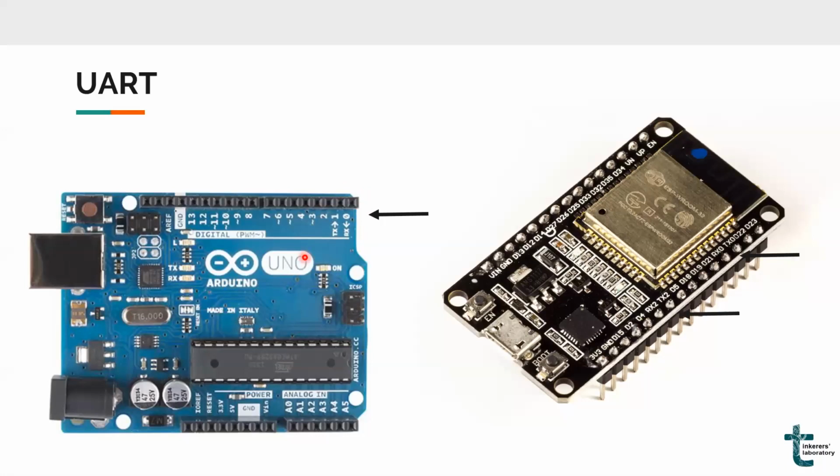I earlier talked that we had three UART channels on the ESP32. Those were UART 0, UART 1 and UART 2. So these are the two pins for UART 0, RX 0 and TX 0, and these are the two pins for UART 2, RX 2 and TX 2.